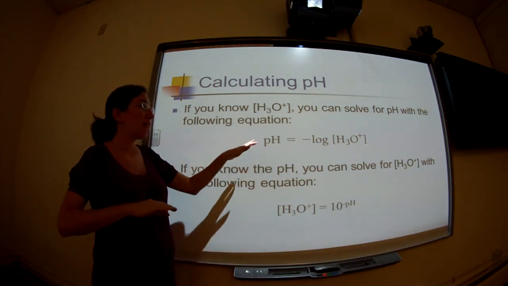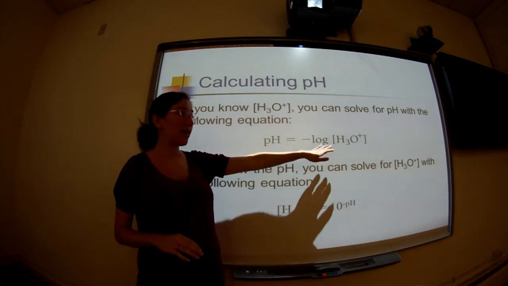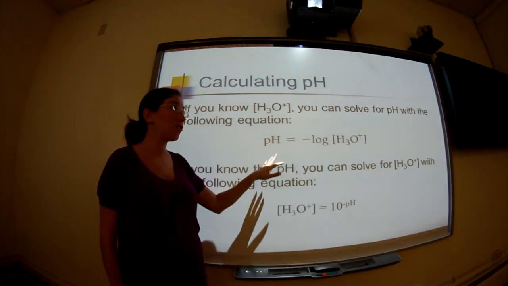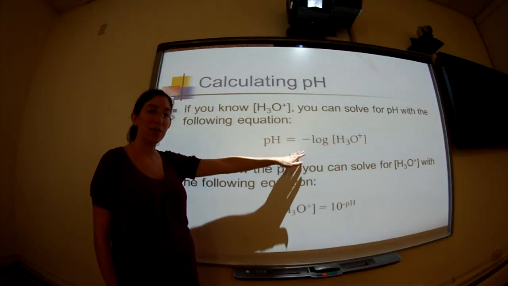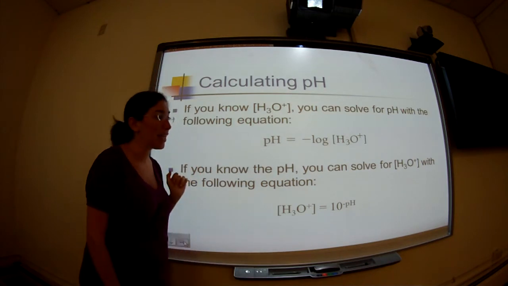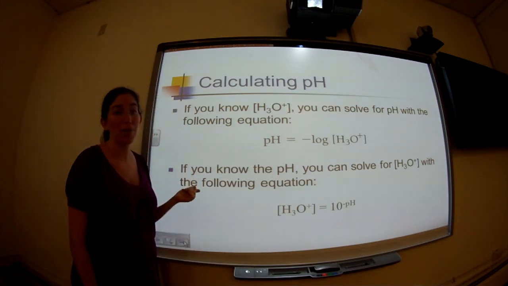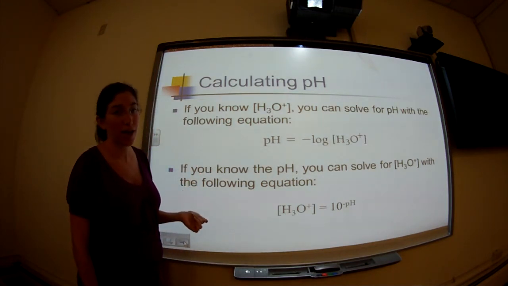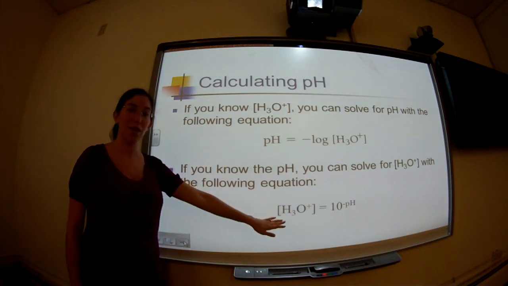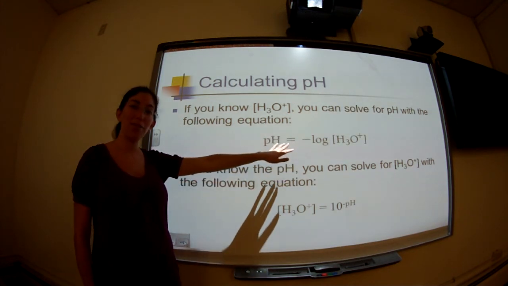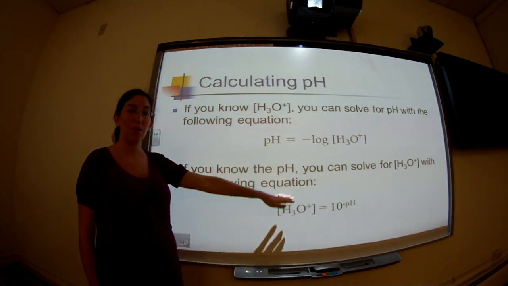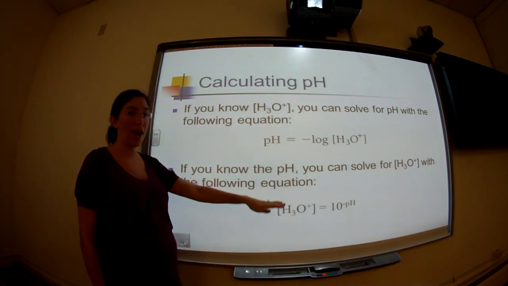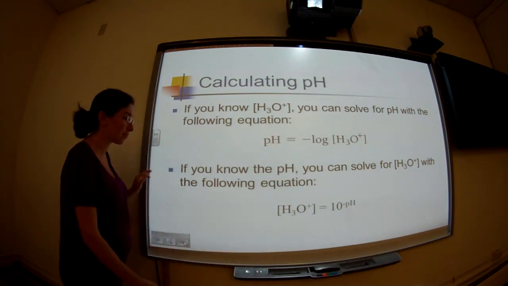If we know the hydronium ion concentration, but we want to find out the pH, this is the equation that we use. If we are given the pH, but we want to know the hydronium ion concentration, this is the equation we use. It's derived from that one. I'm not going to walk you through the derivation. It's just good to have them both handy. Okay?